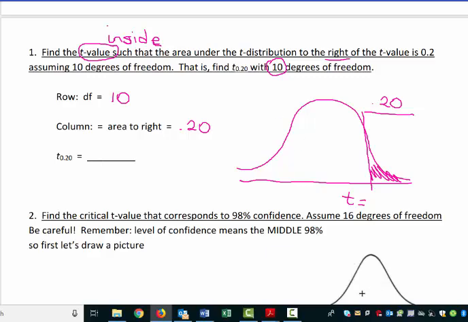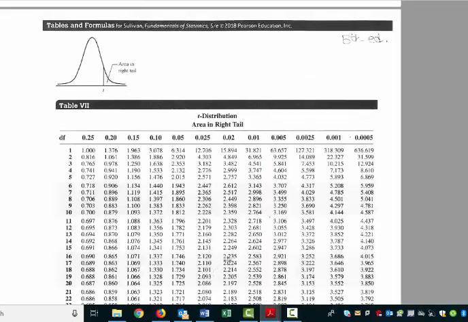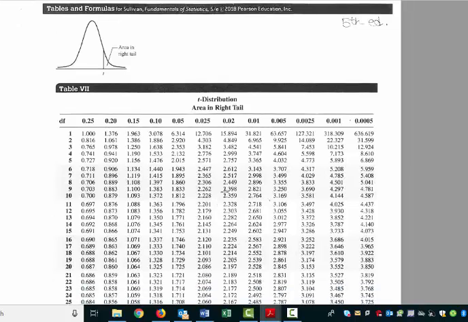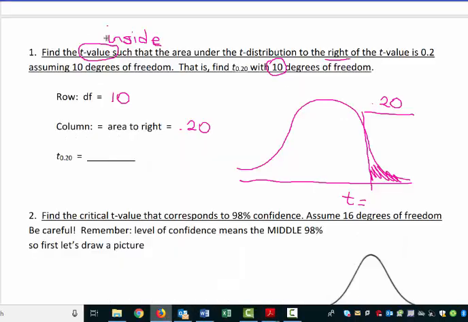Okay, let's go over to our chart and see what that is going to be. So here is 0.20 right here. Go down to degrees of freedom 10. So my T is 0.879.